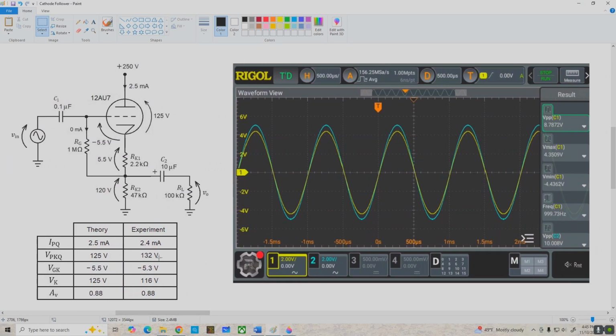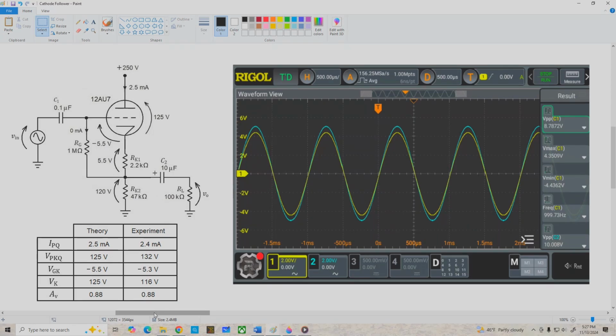And of course the DC values didn't change at all, but our voltage gain theoretically dropped to 0.88, and the experimental value again was right on the money at 0.88. I have 10 volts peak to peak coming in, 8.787 coming out, so that's a gain of 0.88, and everything works out as we would expect.